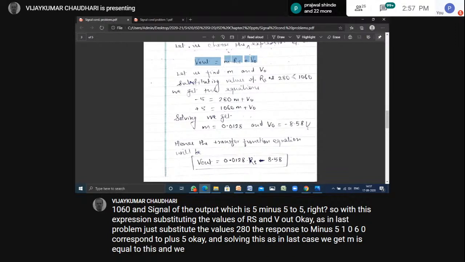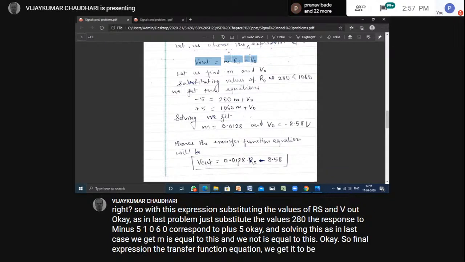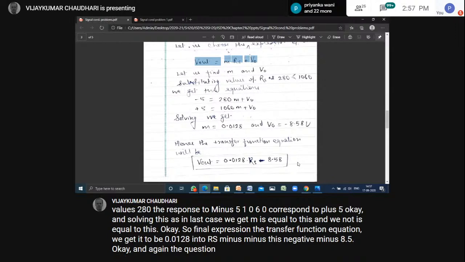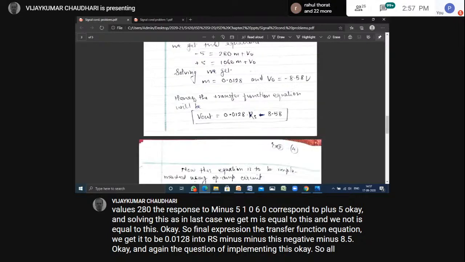So the final expression, the transfer function equation, we get to be 0.0128 into RS minus 8.5. And again, the question of implementing this. So how is it implemented then?